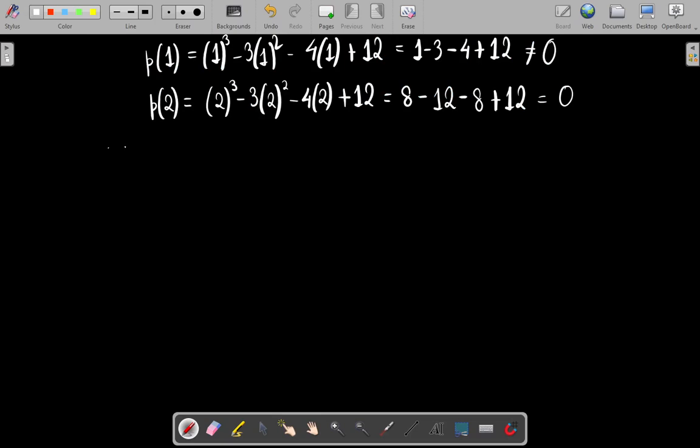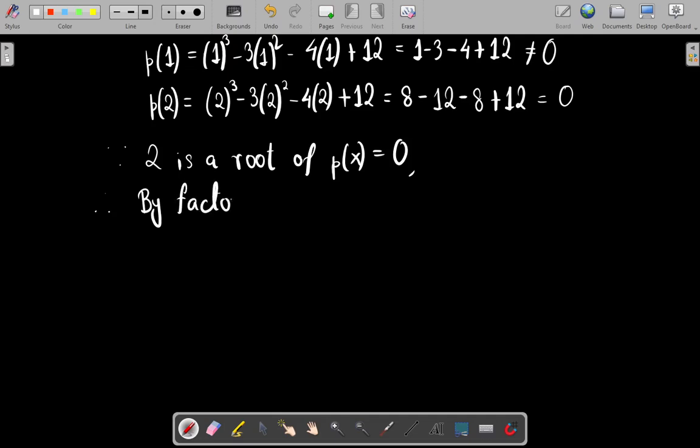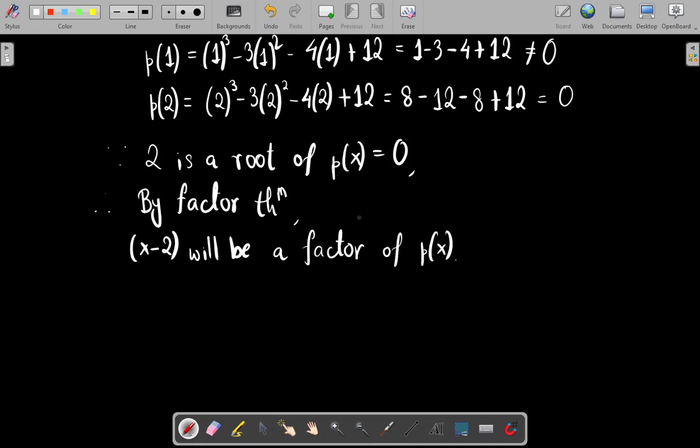So since 2 is a root of p(x) equal to 0, therefore by the factor theorem, x minus 2 will be a factor of p(x). This is the factor theorem, right? If 2 is a root of this polynomial p(x), then x minus 2 will be a factor.